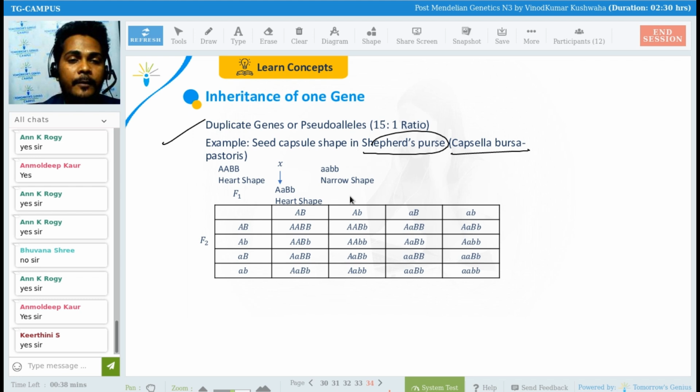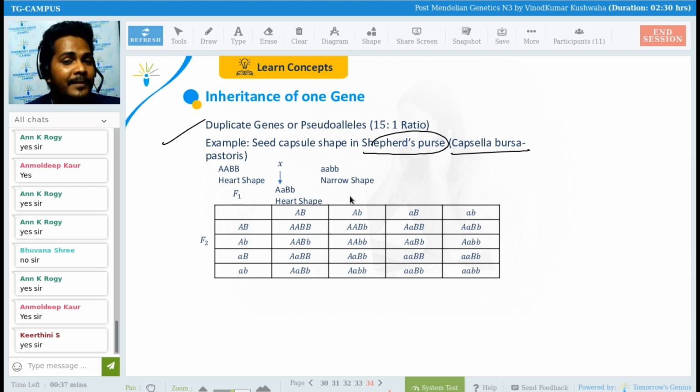So what is observed over here, that duplicate genes or factors are two or more independent genes present on different chromosomes which determine the same or nearly same phenotype. If they determine the same phenotype, then either of them can produce the same character. It means if it is the same, it is going to produce the same copy, so it is a duplicate, right?